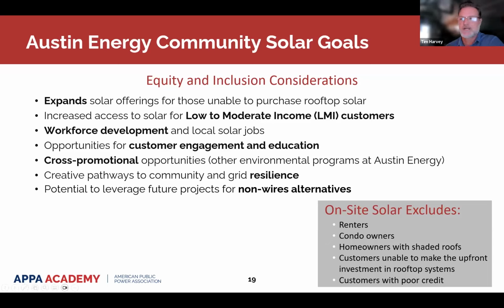So we're talking about renters of all kinds, apartment dwellers and whatnot. And additionally, folks that don't have solar access on their homes. Austin is a pretty treed city, so there are some homes that just don't have that solar access. So we wanted to reach out and be able to have an offering for them.